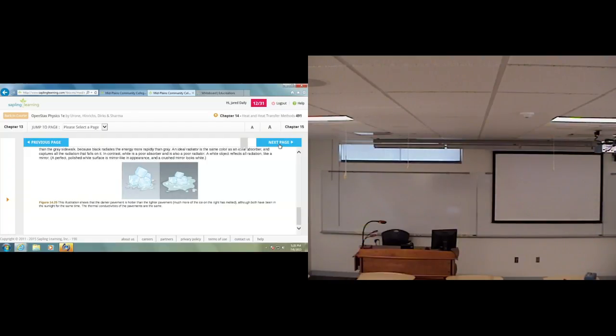Here they show two different sidewalks, one a concrete sidewalk, one a black sidewalk. In the concrete sidewalk, the ice melts slower than it does on the black sidewalk. And the reason for this is actually related to that ultraviolet catastrophe. It's the absorption of energy. It turns out that lighter materials reflect more energy than they absorb.